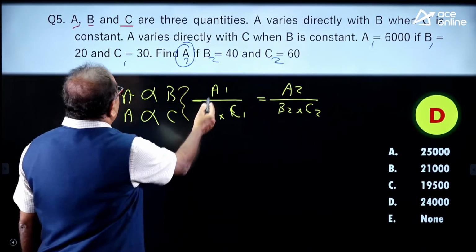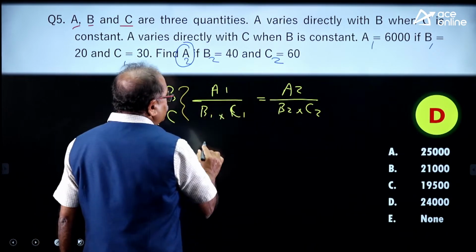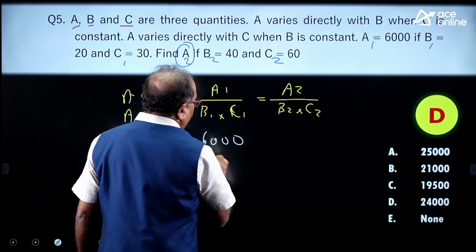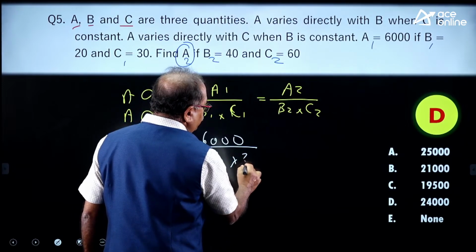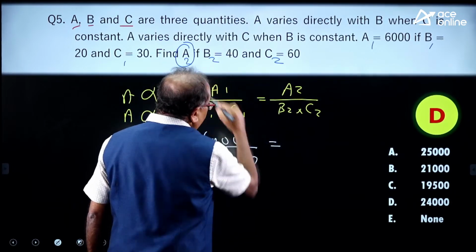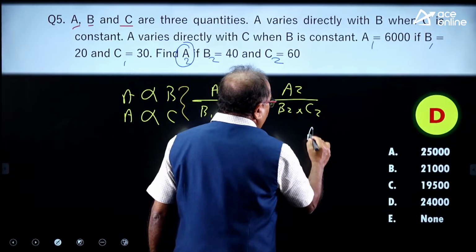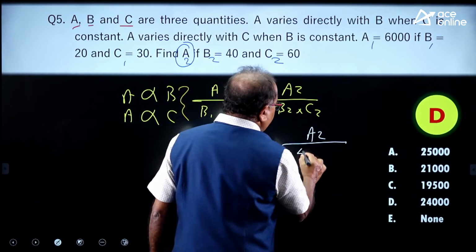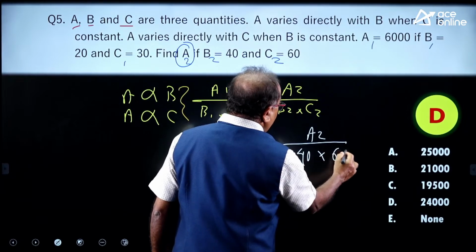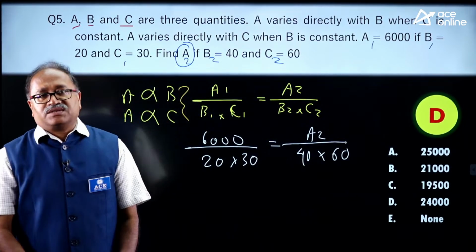Well done. So A1 is 6,000, and B1 is 20, and C1 is 30, which is equal to A2, which I need to find out. B2 is given, which is 40, and C2 is given, which is 60.